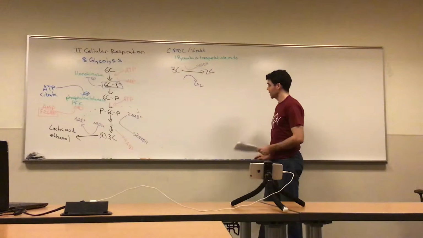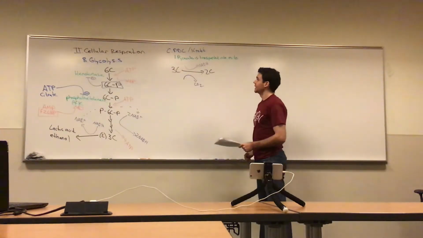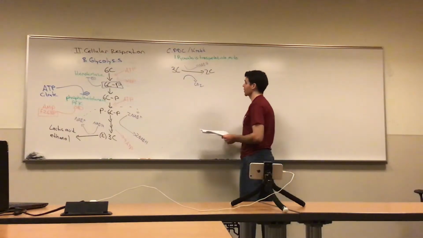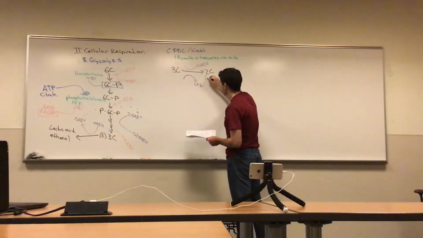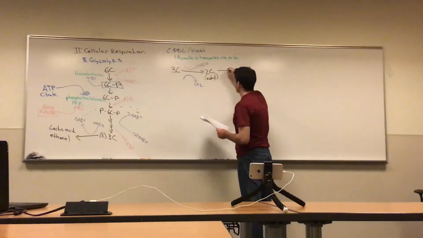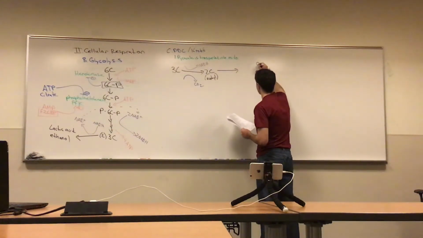Now we have a 2-carbon thing, and in biology, 2-carbon things are called acetyl. So let's draw it: an oxygen double bonded to a carbon and then another carbon.